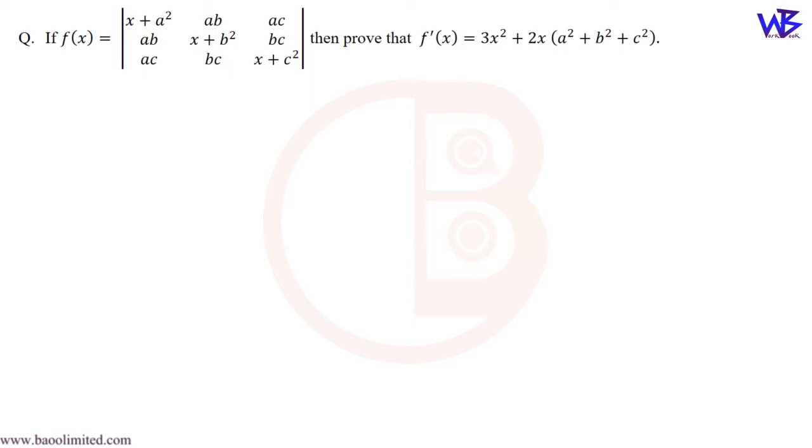The question that we are going to solve now says that if the function f of x is equal to a 3 by 3 determinant with the elements x plus a square, a into b and a into c in the first row, a into b, x plus b square and b into c in the second row, a into c, b into c and x plus c square in the third row, then prove that the derivative of that function, that is f dash of x, is equal to 3x square plus 2x into a square plus b square plus c square.